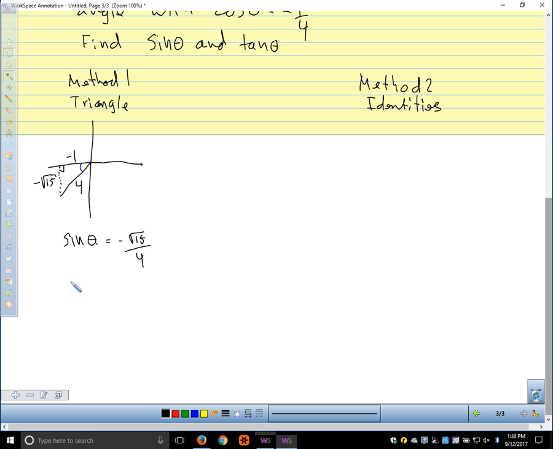And tangent theta is just going to be opposite over adjacent, square root of 15. I prefer this method just because I like to draw the little pictures. When I can visualize it, it helps me.